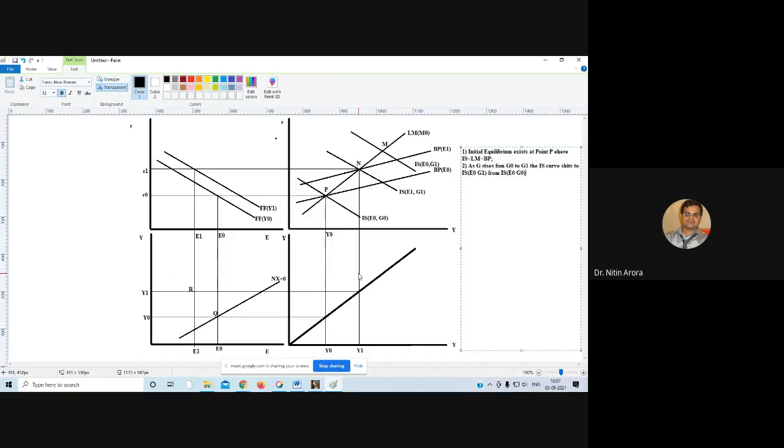Okay. Number three, a temporary equilibrium is noticed at point M, where IS is equal to LM.